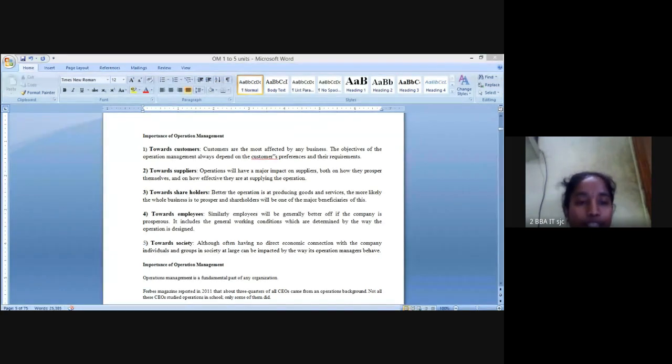Next, towards society and towards customers, both are mostly the same. Company, individuals, or society at large can be impacted by the way operation managers behave, by how they manufacture and provide their products to the market.